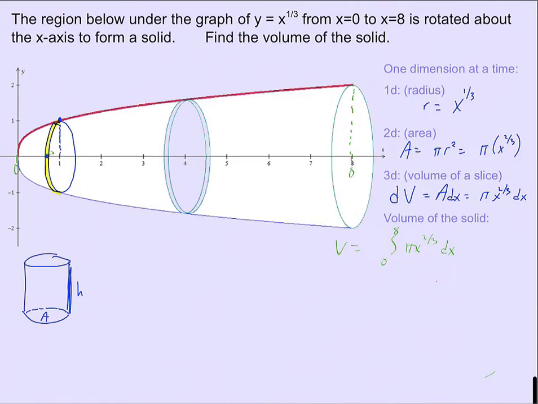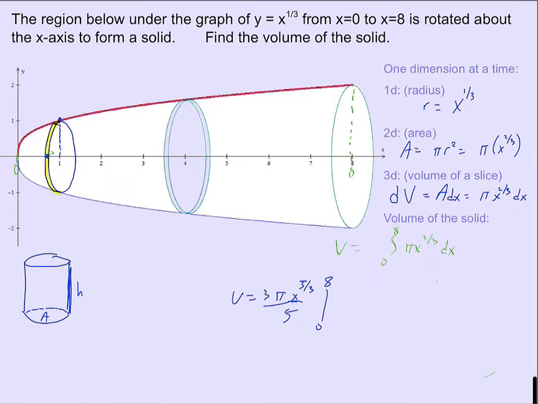Using the fundamental theorem, the volume is equal to the antiderivative of pi x to the 2/3, which is pi times x to the 5/3 divided by 5/3, evaluated from 0 to 8.